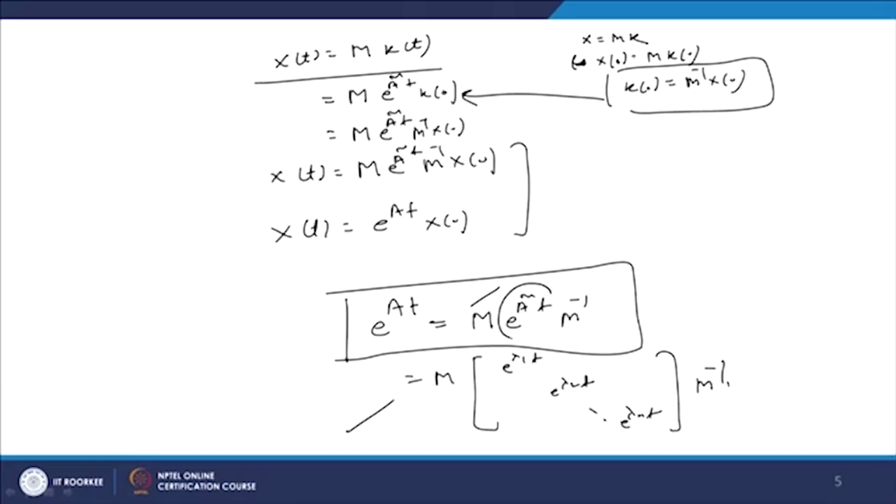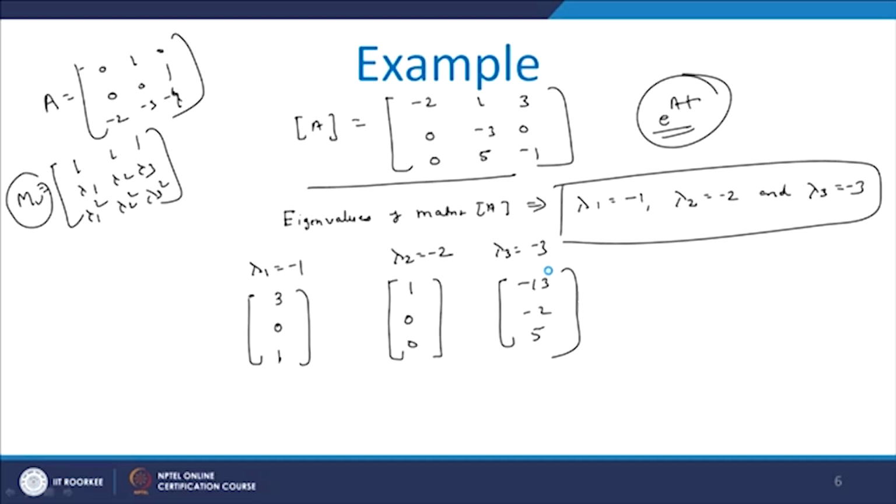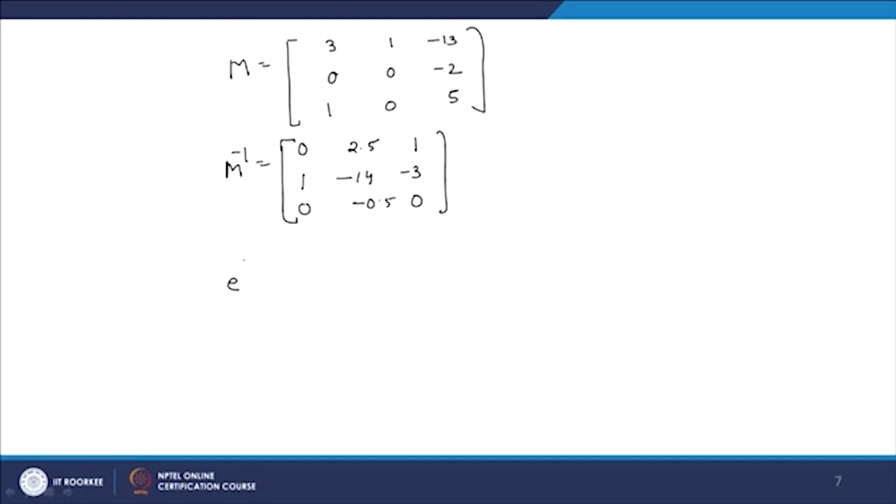The next step is to determine e raised to A bar into t. This e raised to A bar t depends upon the eigenvalues. That means in the diagonal elements we have to write the elements in terms of eigenvalues. The eigenvalues are minus 1, minus 2 and minus 3.